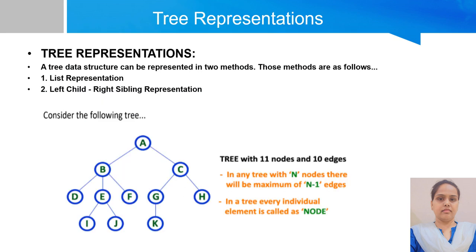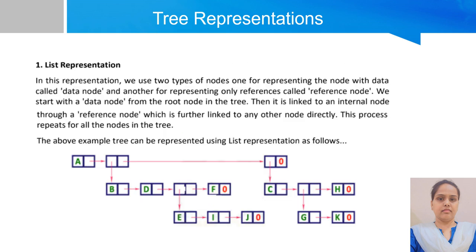Now, let's see the tree representation. A tree data structure can be represented in two methods: list representation and left child, right sibling representation. These are used to store trees efficiently in computers. List representation.